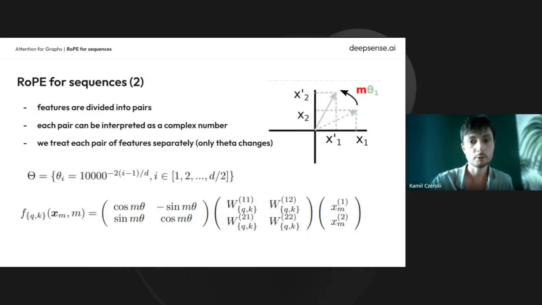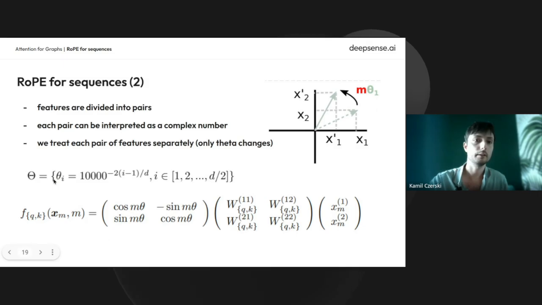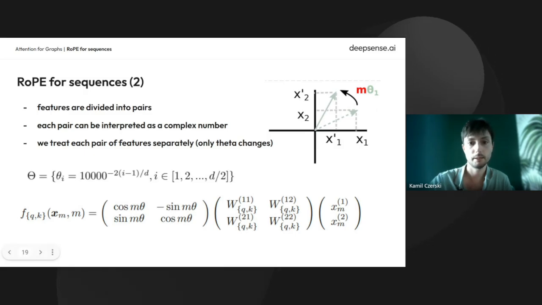So back to this pair of features that we are rotating, x1 and x2, they can be from keys or from queries, it doesn't matter. And how we calculate it, we use this cosine and sine of m times theta, and theta is our frequency. In computer vision, you apply these channels with different frequencies for positional encoding. Here you have a theta, and each pair of features would be good for close or far away distances depending on this theta, so a different frequency in theta.